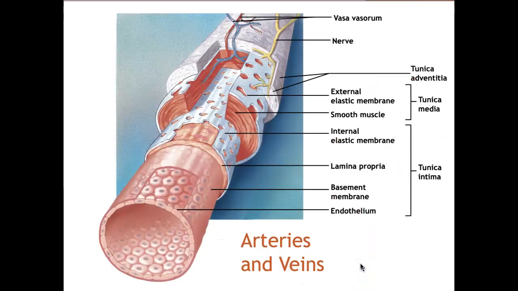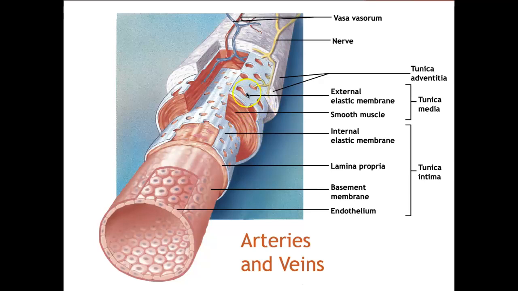And here's just another image to show you the different layers. We can see here's our endothelium, that single layer of squamous epithelium. Anything having to do with the cardiovascular system, any simple squamous epithelium, we're going to just call that endothelium. Then we see our basement membrane, the lamina propria, and then that external elastic membrane, our smooth muscle.